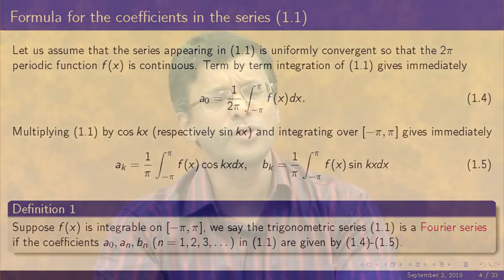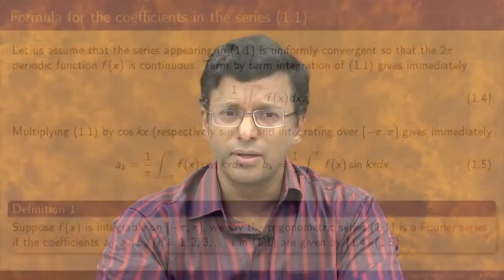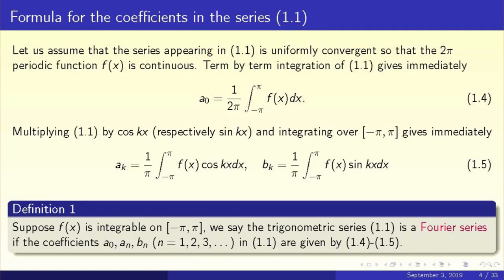From the right hand side, what's going to happen? Only one term will survive, namely the a_k term, a_k cos squared kx. When you integrate from -π to π, you're going to get a non-zero value. All other terms will be 0. So you immediately get a_k equals 1 upon π times the integral from -π to π of f(x) cos kx dx.